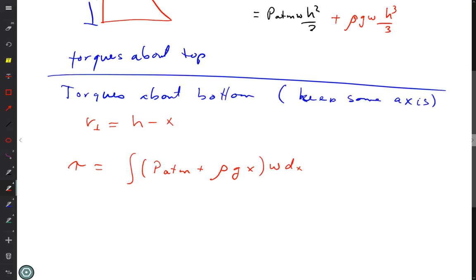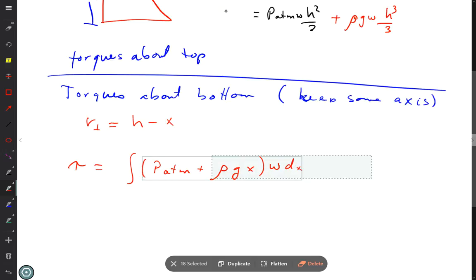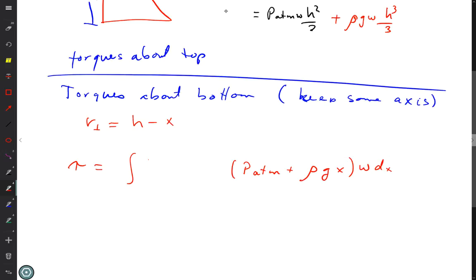I forgot to put the R part. I just put in the force part. Let's shift this over so I can fit the R part in. Well, this integral is more interesting, isn't it? Because when I multiply through, I'm going to have 3 terms.